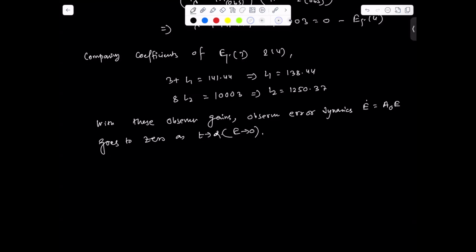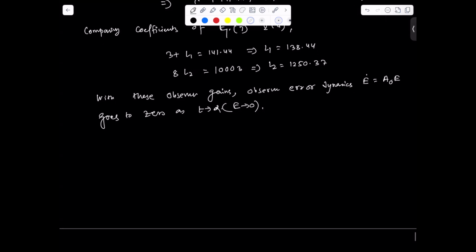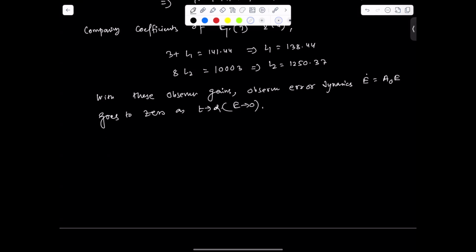So let's stop it here. We will continue from the next lecture, how we can find the gain matrix. Because as of now, whatever controller methods we have designed, we are assuming some desired dynamics, and we are finding the characteristic equation of the system, and comparing both the equations to find the controller gains.